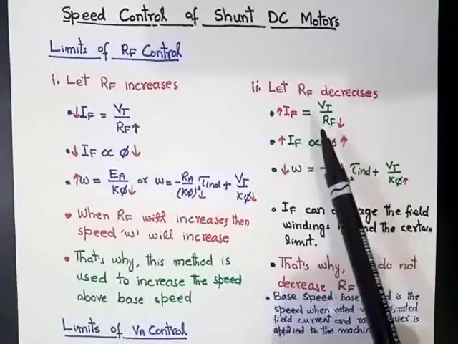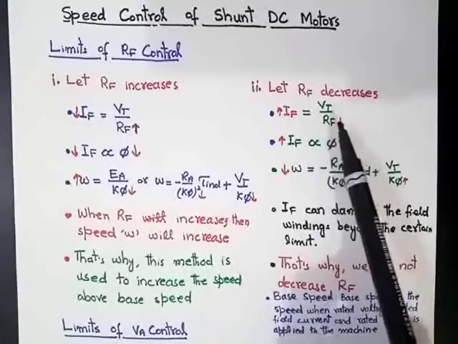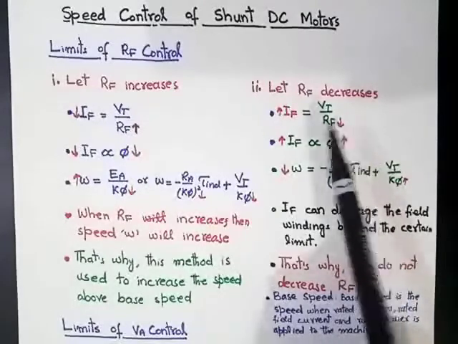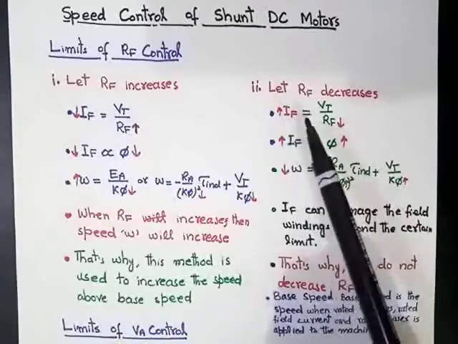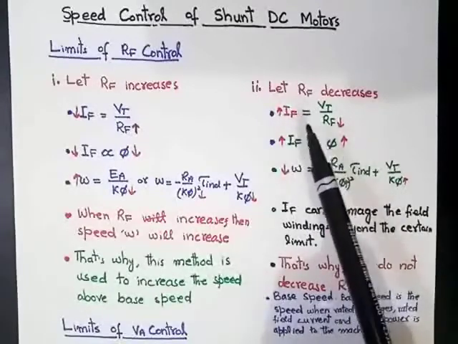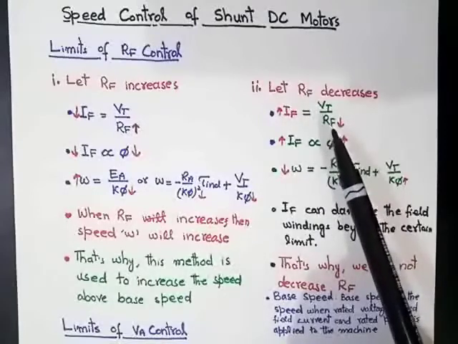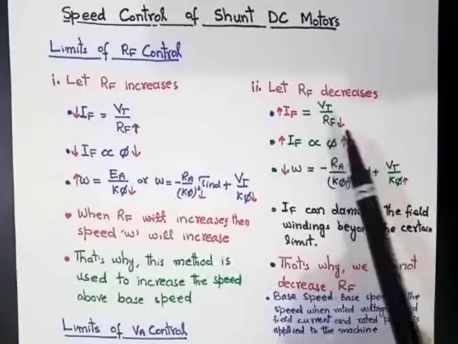That's why there is a limit of field resistance. We can't decrease the field resistance, because the field current will increase, and the winding of the field can heat up and burn out. That's why there is a limit of the field current.